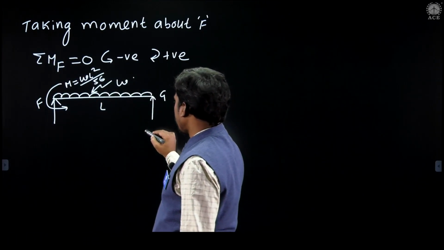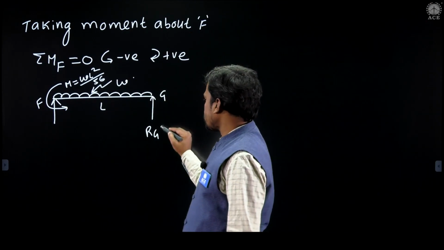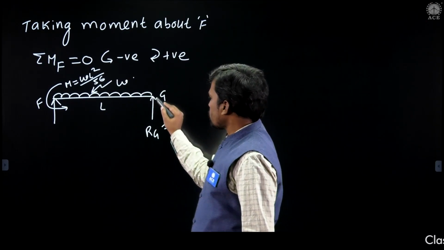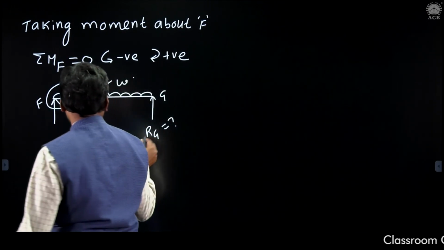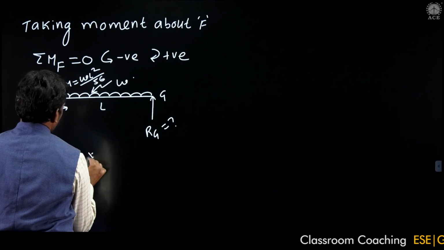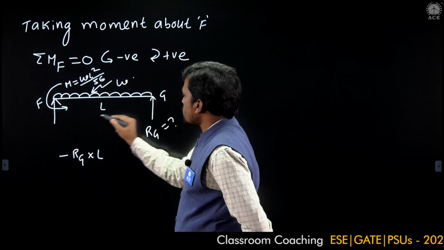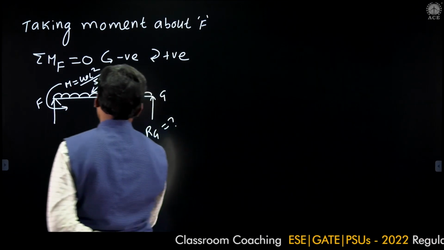So we have to find the reaction RG value, right? This is anti-clockwise, right? Then minus RG, the perpendicular distance is L. And UDL is clockwise, right?